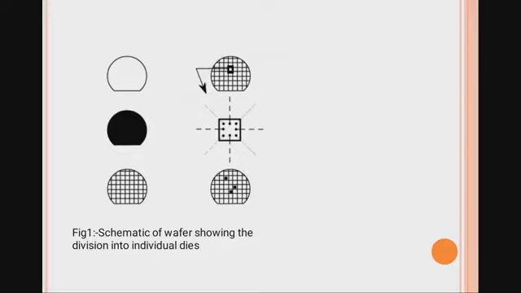These are the different sectors present here. Each small box or sector is known as a die or chip, and each box is connected with respect to the others with electrical contacts.